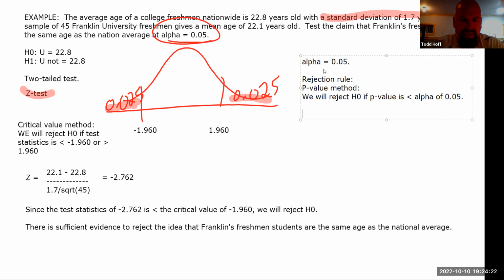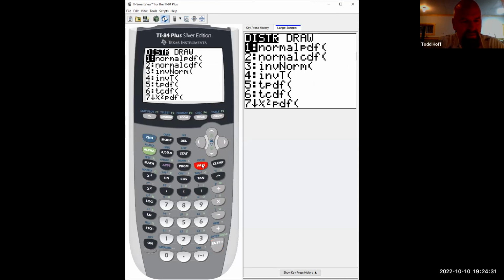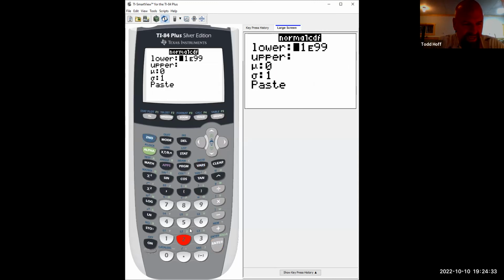So I'll give you an example of what I mean there. So that's our test statistic of a negative 2.762. So let's do a normal CDF of being less than that. So from negative infinity to negative 2.762 with a mean of 0 and standard deviation of 1.